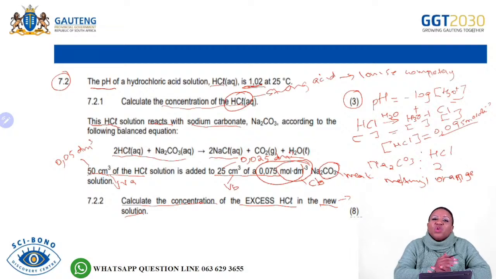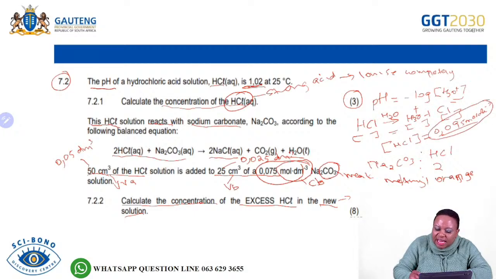What do we mean now by the new solution? Remember, when you started with this reaction, you are having only 0.05 cubic decimeter of an acid, of a concentration which was given to you initially as 0.095. Remember, this is the acid that you started with as we are going to make it react with the base.